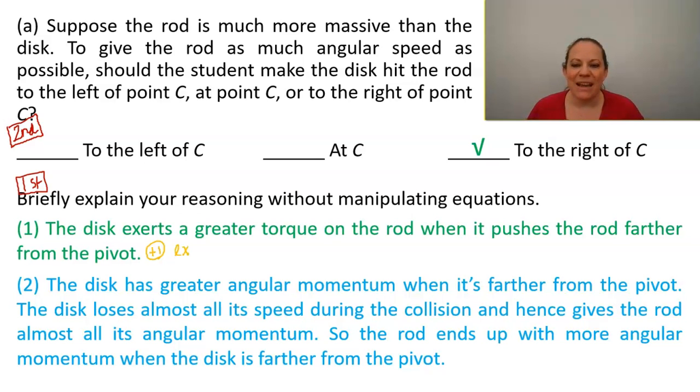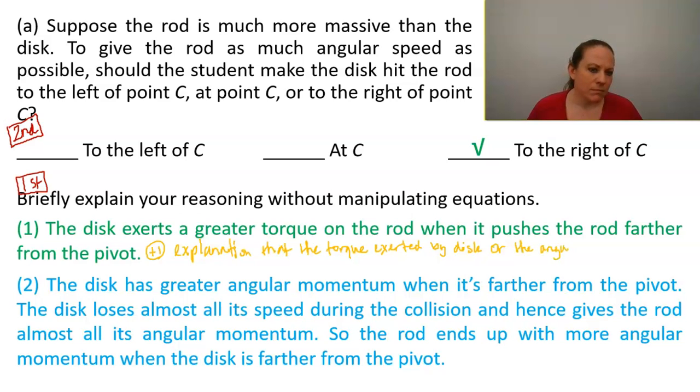We're going to get a point for an explanation that the torque exerted by the disc or the angular momentum of the disc is greater when it's farther from the pivot.